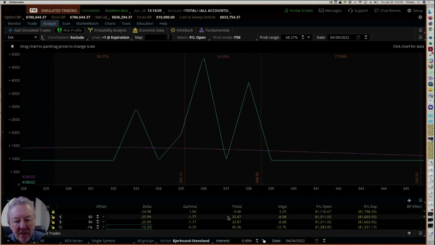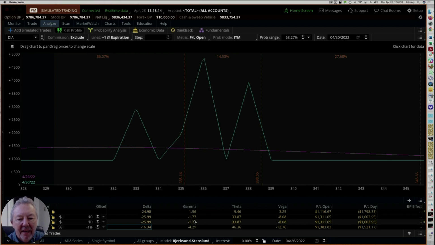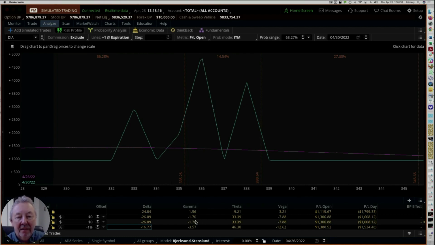It's $46.33, and at the current price it's about $33, $34 a day. And the gamma is almost nothing yet. Now, we're only one day from expiration, so typically the gamma explodes going into expiration. Tomorrow, when I do the video update for the course, we'll take a look at the gamma and see how it's reacting.